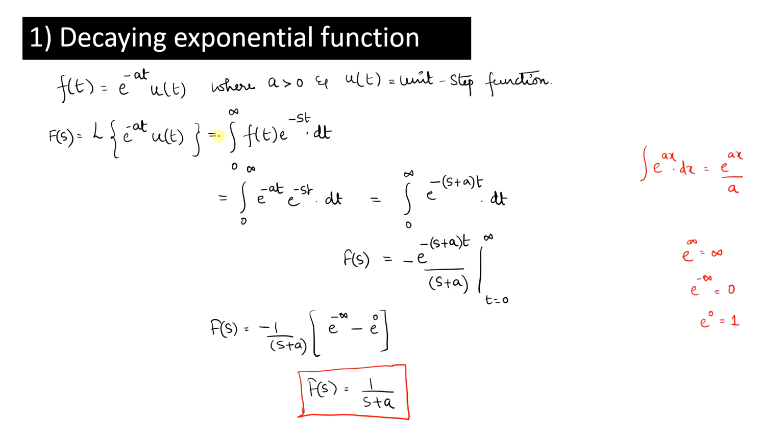The second one that we have is the unit step function. So we have f of t equal to u of t. The Laplace transform of u of t will be equal to F of s, that is the integral from 0 to infinity of f of t e power minus st dt.